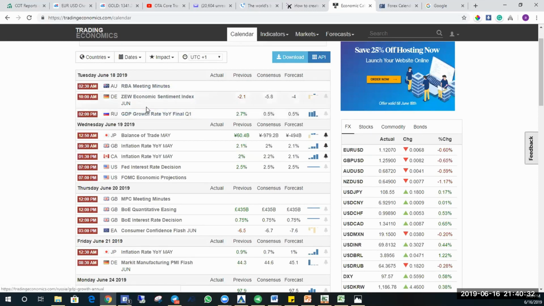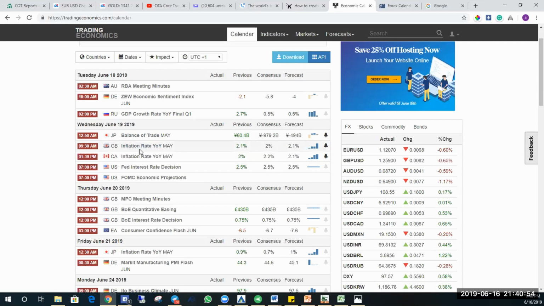The New Zealand economic sentiment index is also up. For Germany, growth rate year on year, that's for Russia, it's also expected for Q1. The growth rate is expected to drop year on year to 0.5 in terms of the forecast.